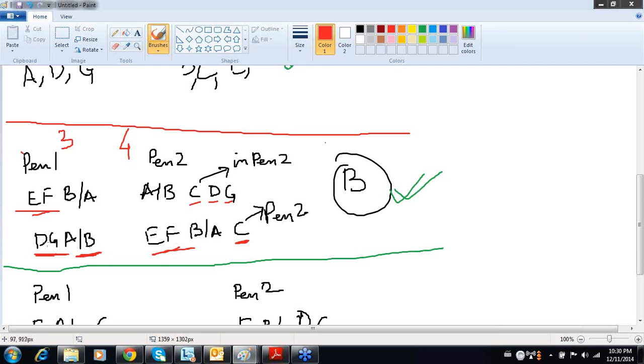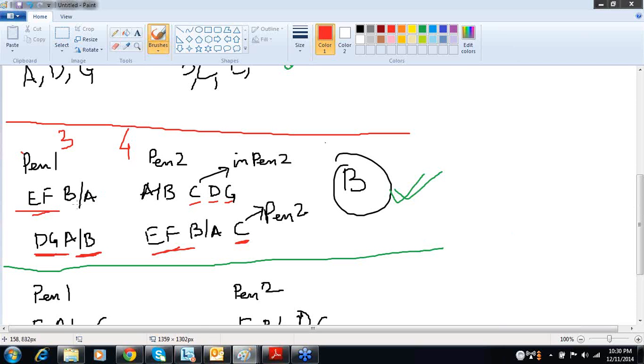And if D and G are shifted to pen 1, then one of A or B has to be in pen 1, because they cannot be together. So C will be in pen 2. Got it, Ritvik?